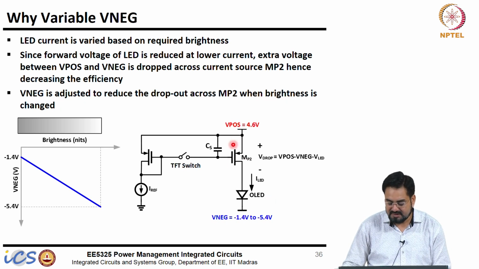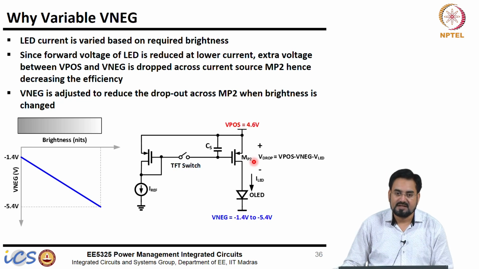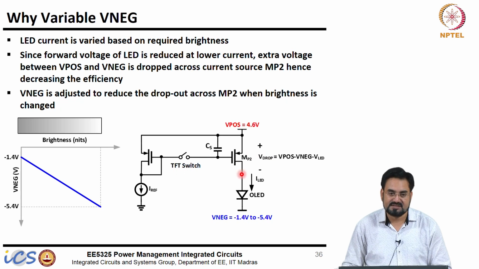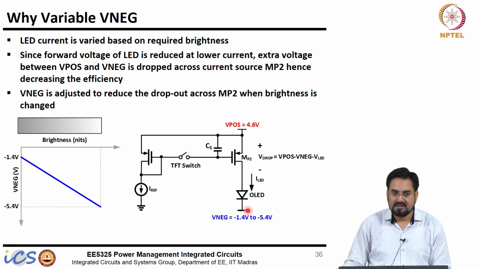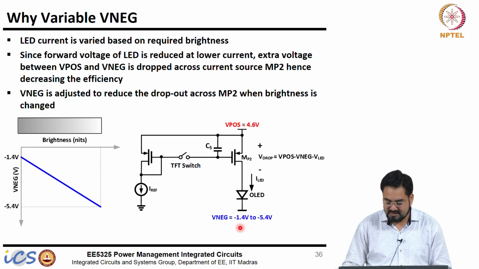So, the VDS across this MOSFET will increase, which means the dropout voltage is increased. If the dropout voltage is more, it will have higher losses, so it will impact your efficiency. That is the main reason. Do not misunderstand that this voltage is controlling the brightness; the brightness is still controlled by the current.